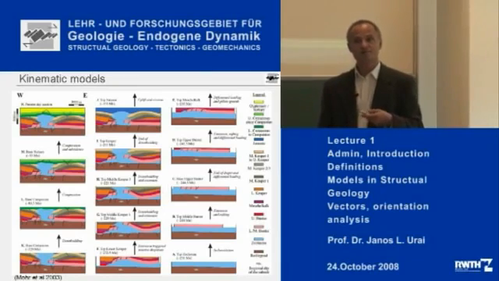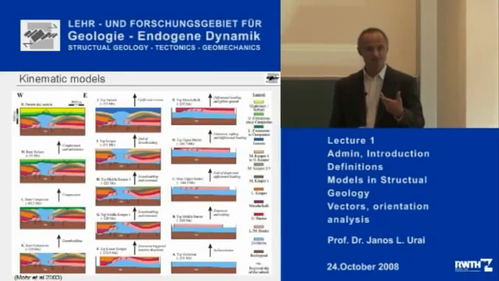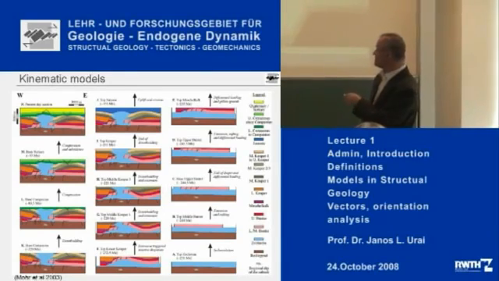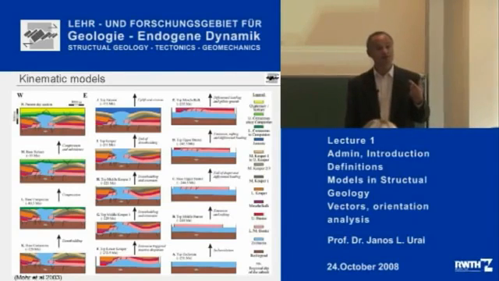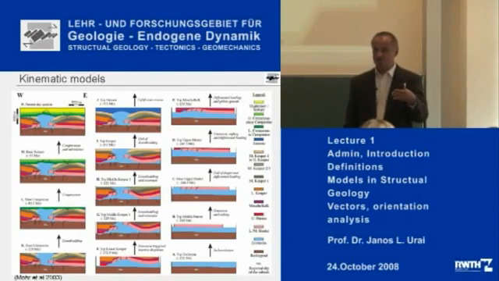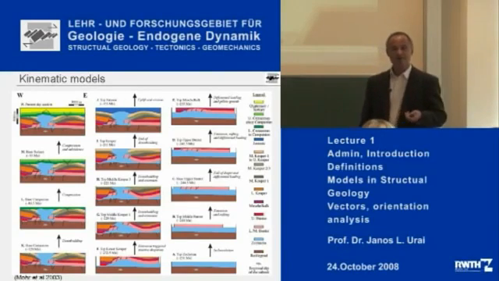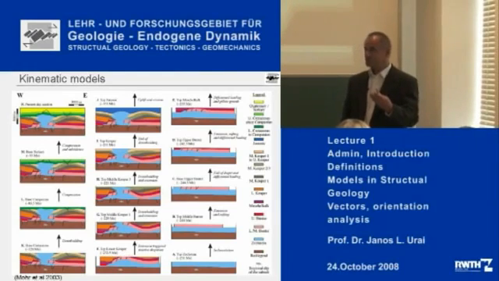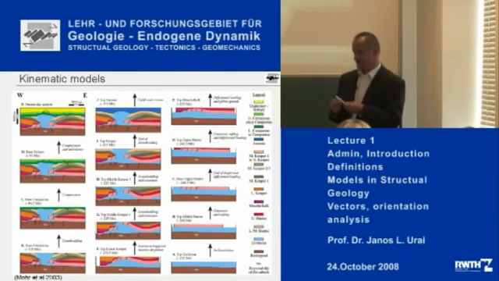And then what we would like to try to achieve, the model which is deforming and deforming, same structures that we have in nature. Then it is a good model. And to have a model work in this way, we have to scale it.